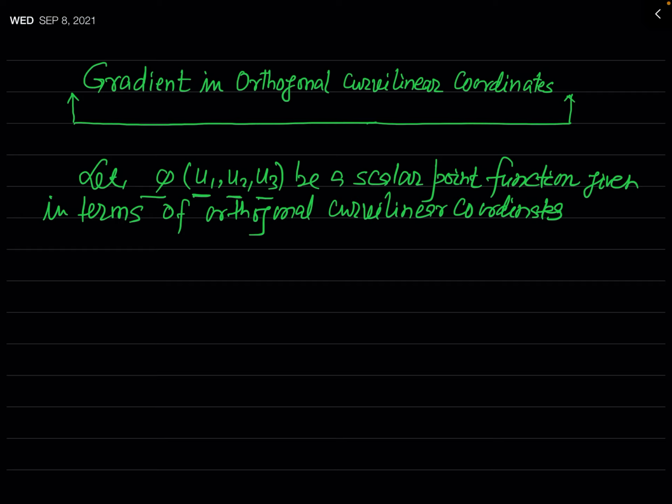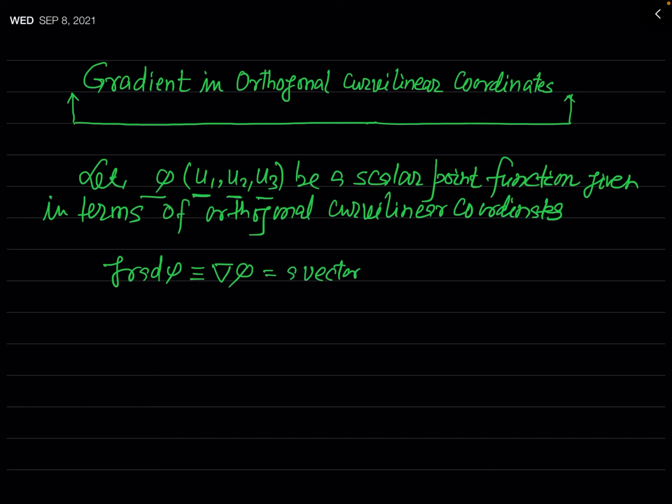So grad phi, meaning gradient of phi, is denoted by the symbol del phi. This del operator is a vector differential operator, and whenever it is operated on a scalar function, we get a vector quantity. So del phi will be a vector.